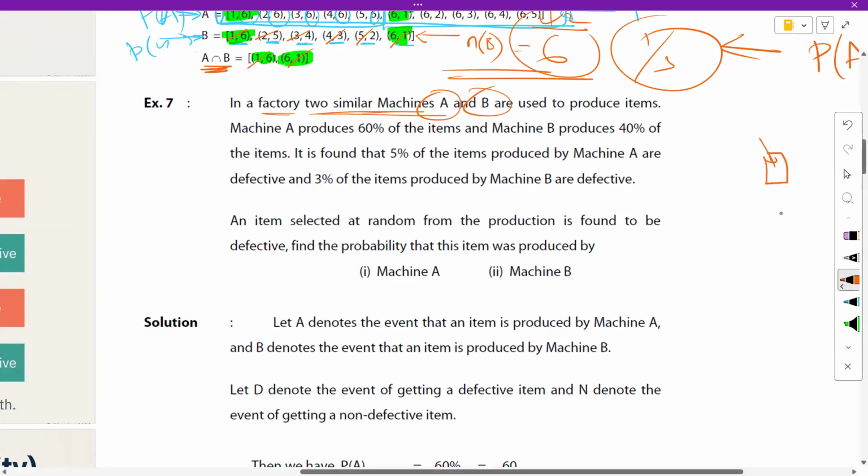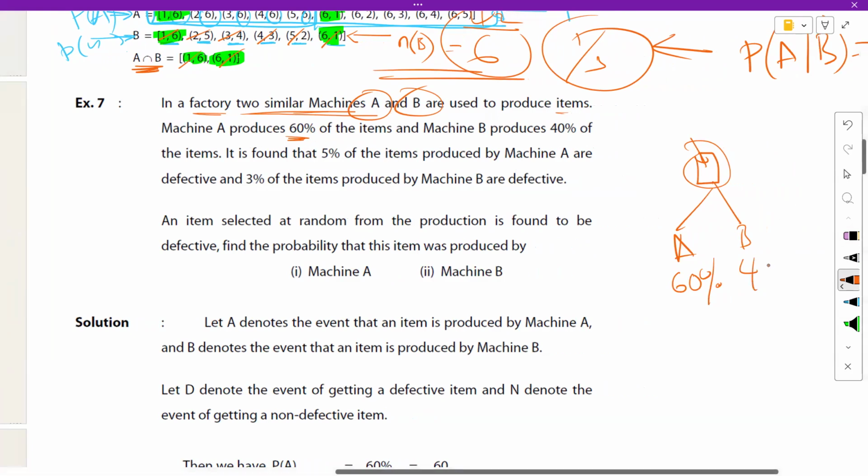The same product, using machine A and machine B. Machine A produces 60% of the items, and machine B produces 40% of the items.